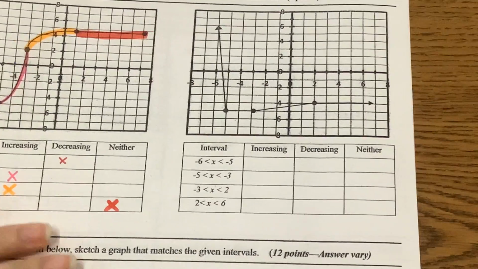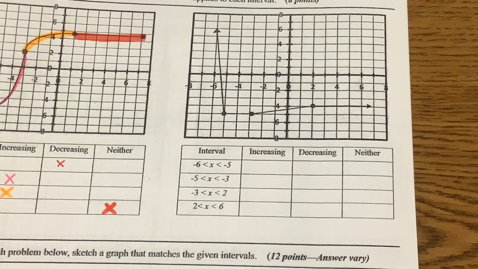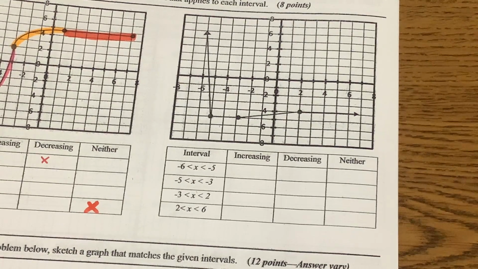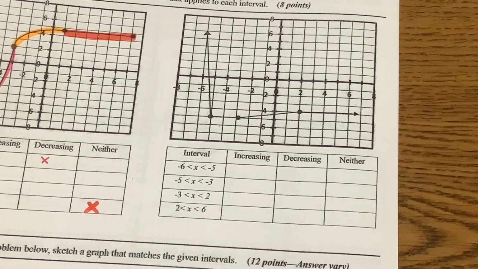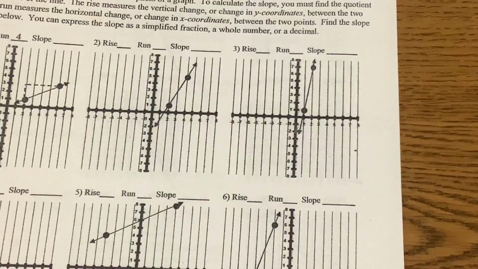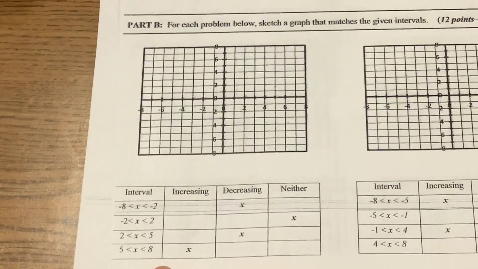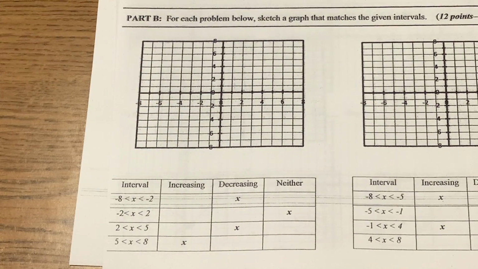Okay, so let's look. Okay, this is interesting. Let's look at part B real quick. I could see us struggling with this one a little bit. So just the problem directly below what we just talked about. Notice that there's nothing on the graph.